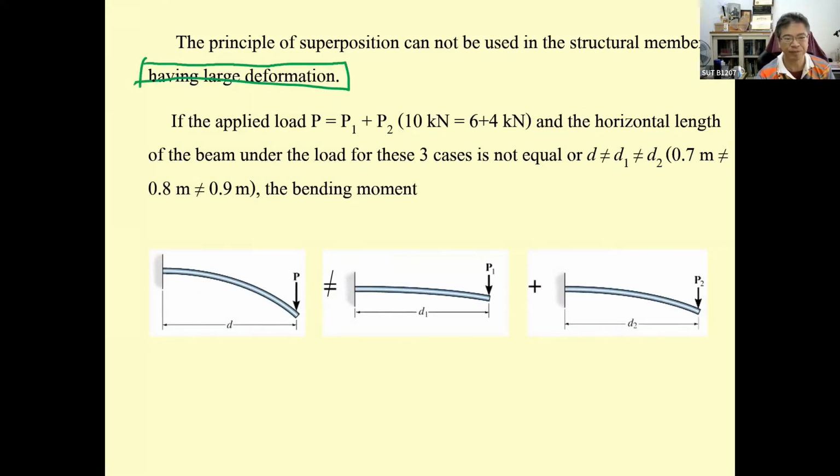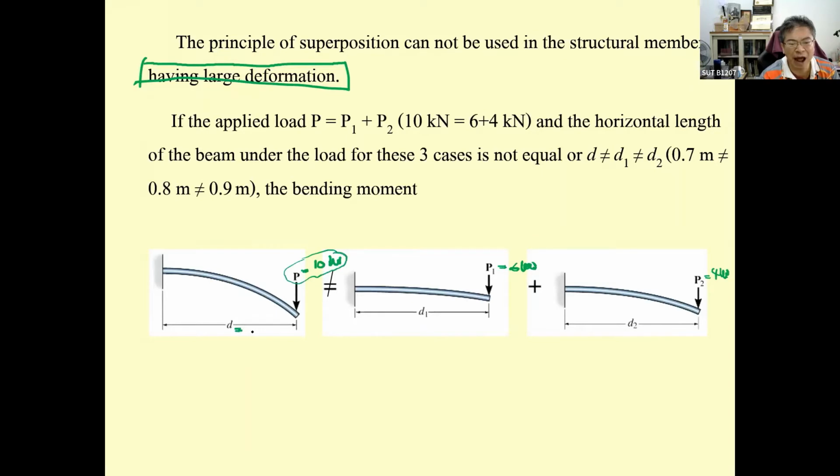And why can we not use it if the structure has large deformation? For example, if you have this P equal to 10 kilonewton, and this P1 is going to be 6 kilonewton, and this P2 is 4 kilonewton. Under the application of the force, this is a large force.